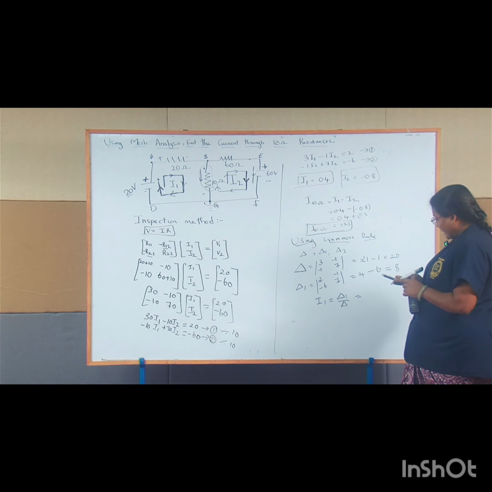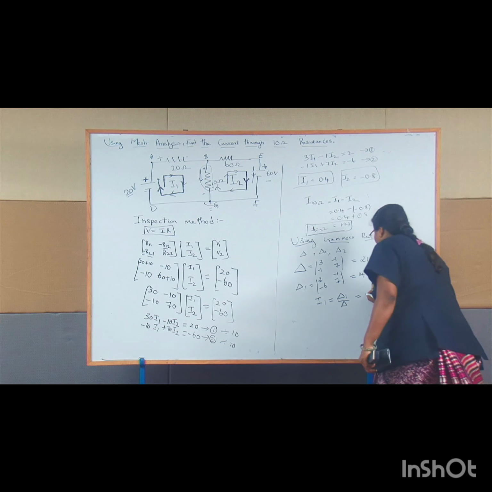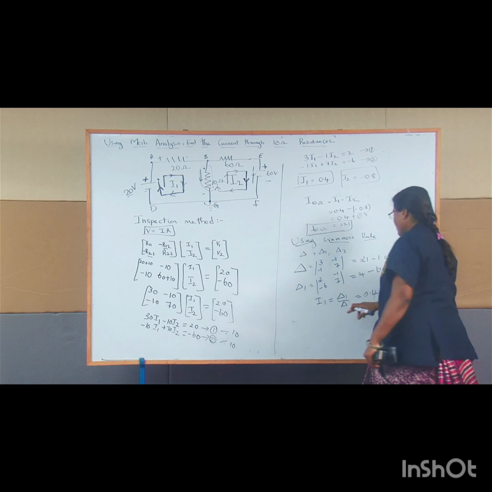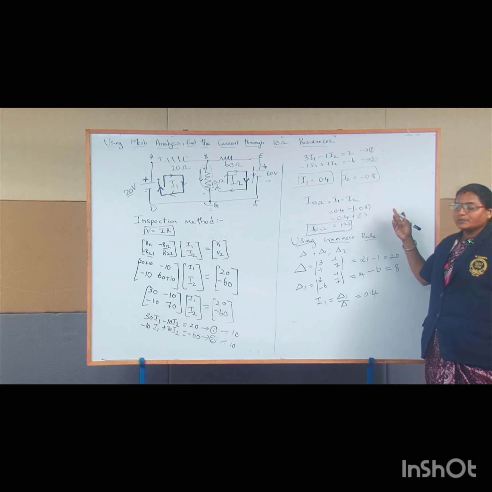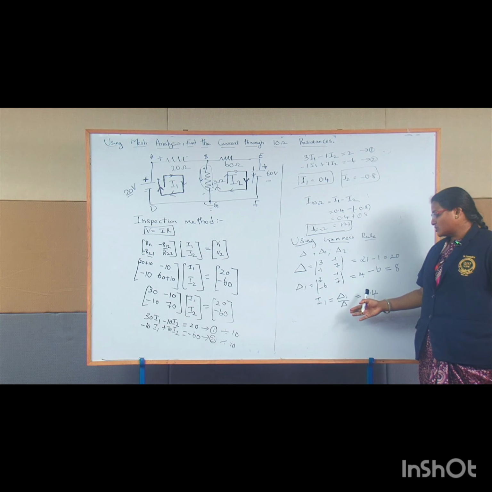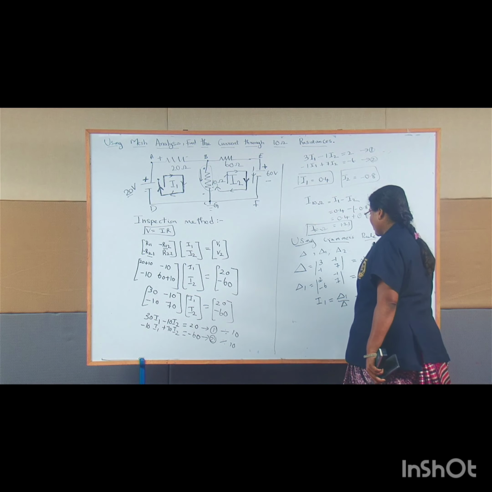So, 8 divided by 20 becomes 0.4. So, I1 is 0.4. Whether you use KVL, the inspection method or Cramer's rule, the values are the same. So, 0.4 is your I1.